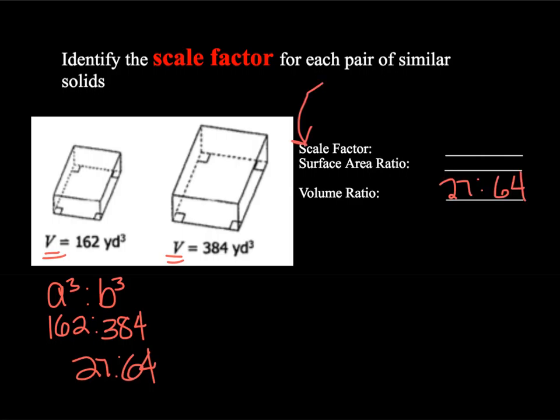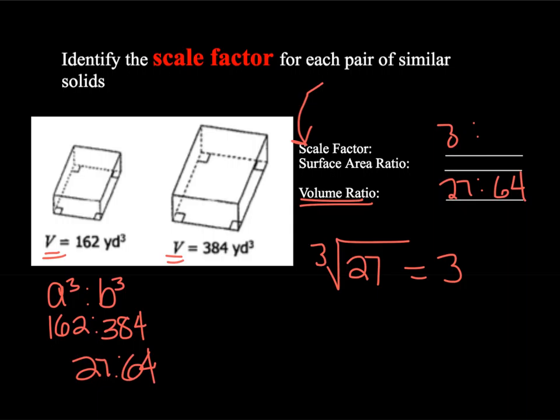We said earlier, no matter what you're given, you write it in and always try to go back to the scale factor. Well, I know volume is to the third power, and so I need to get back to the first power. There is a cubed root key in your calculator under math. You'll pull up that key, you'll go ahead and put in 27, and you will get out 3.